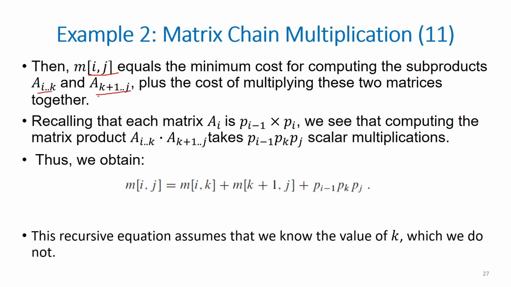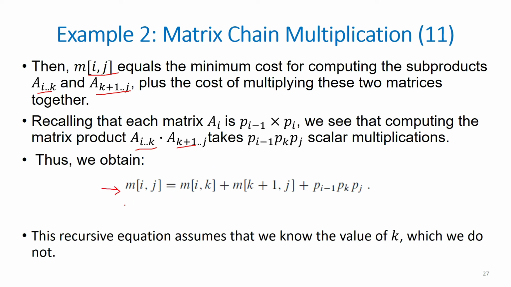So the number of scalar multiplications involved in multiplying the subproducts Ai..k times Ak+1..j would be p(i-1) times p(k) times p(j), where the p's are defined as dimensions in the earlier slides. Putting this in a mathematical form gives us this.